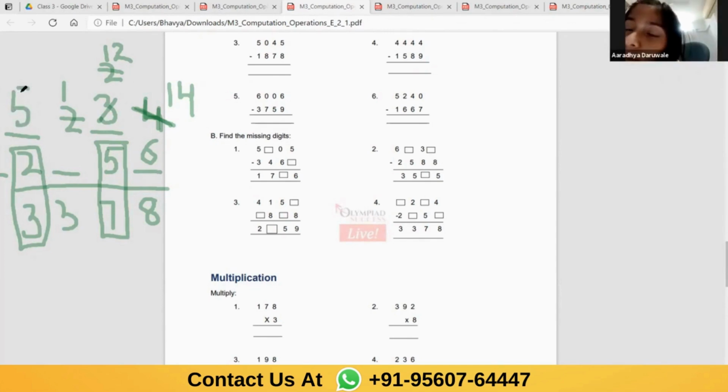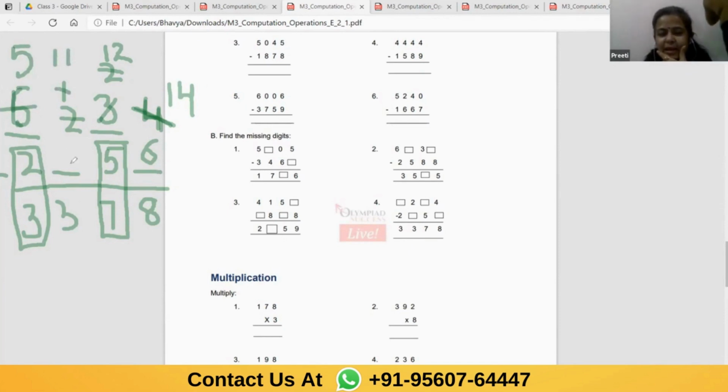Ma'am, it will be 4. So if this is 6 and I borrow from it, then it becomes 5 and this 1 becomes 11. So 11 minus what is 3? 11 minus 8 is 3. 8. And now this 6 becomes 5. So 5 minus 2 is 3. समझ आया अलारिका कहाँ गलती की? Yes.